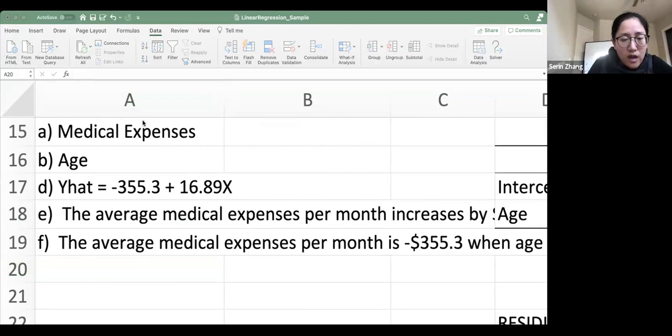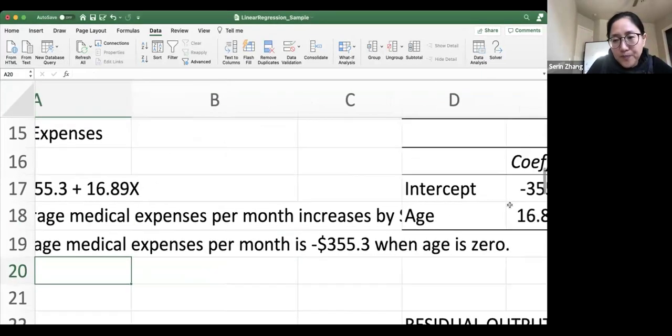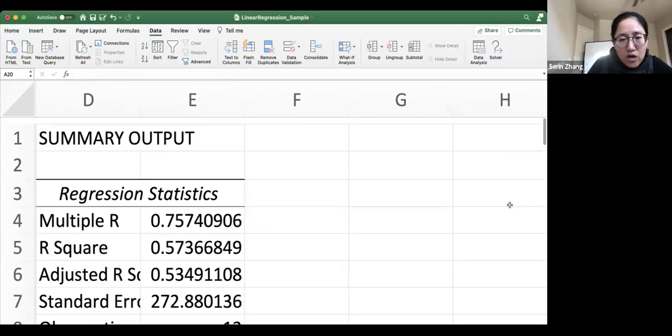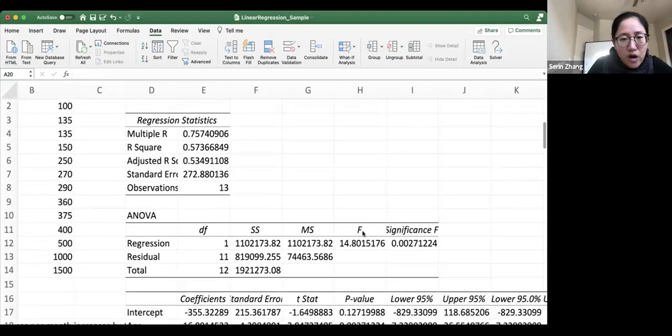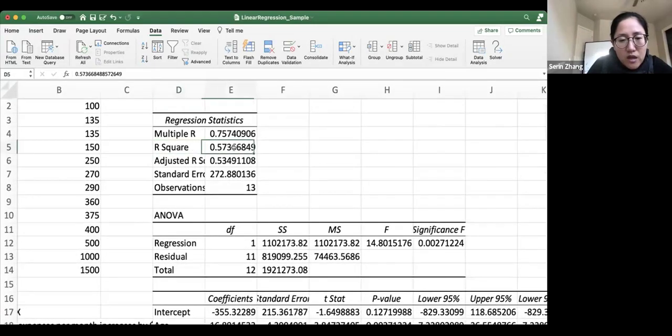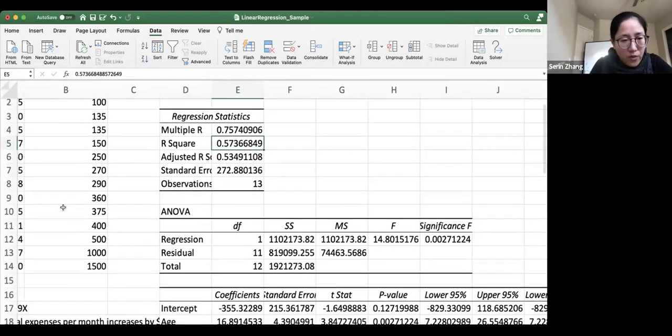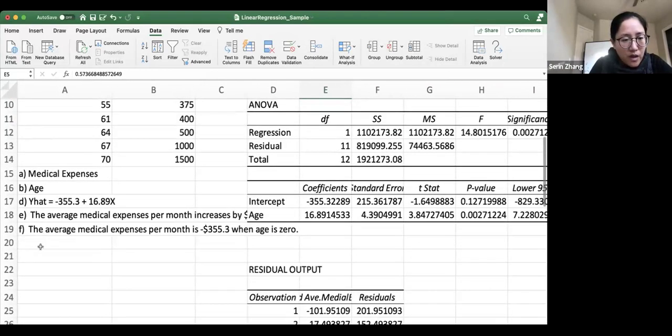Here R square is 0.5736, and the app says the R square is 0.5737. We have exactly the same value from the Excel and also from the applet.